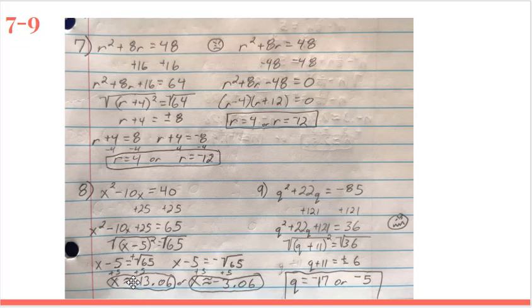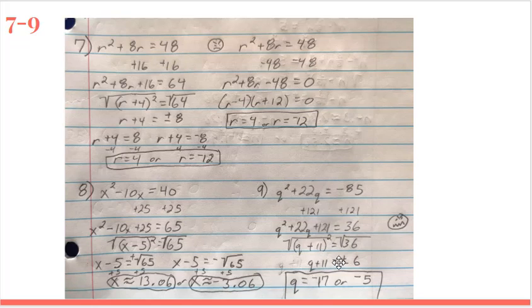All right. Number 9. Number 9 gets a cranky face because it could have been solved faster. Anyway, half of 22 is 11. 11 squared is 121. Add 121 to both sides. We end up with a perfect square of q plus 11 squared equaling 36.